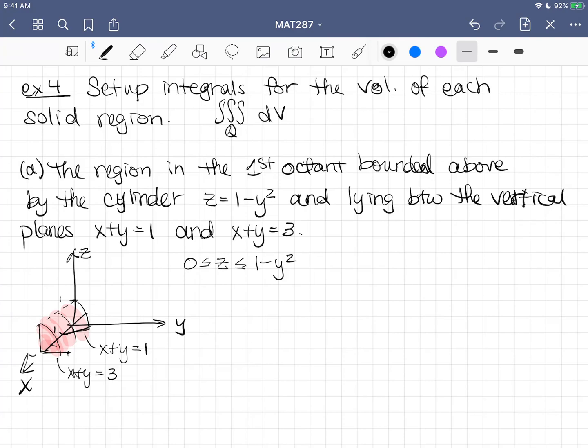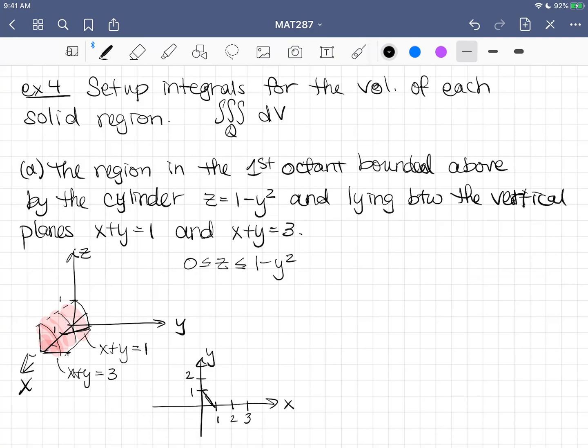All right, now let's look down here at what's happening in the xy plane. So let's focus in a little bit. I want to sketch the line y equals 1 minus x. So that's going to cross, I've drawn this sort of poorly, 1. So here's 1, here's 1, 2, 3.